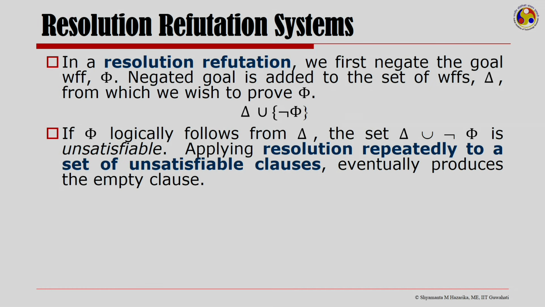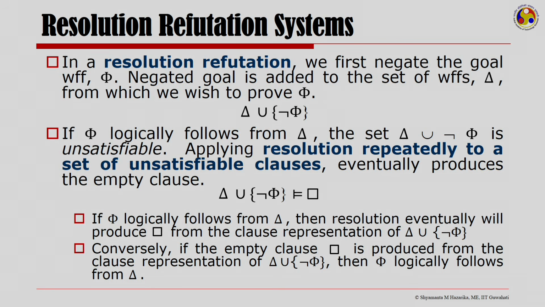If phi logically follows from delta, the set delta union not phi is unsatisfiable, and then we have seen that if I have an unsatisfiable set of clauses, applying resolution repeatedly would eventually produce the empty clause. So, I would have delta union not phi entailing the empty clause, and then we have already argued that if I arrive at an empty clause, then I know that phi logically follows from delta.